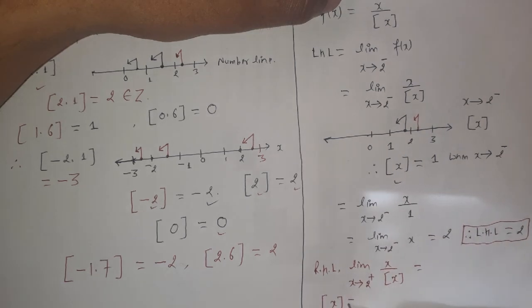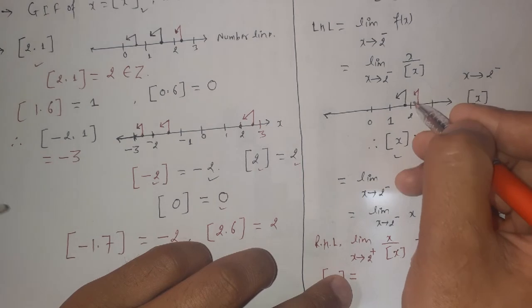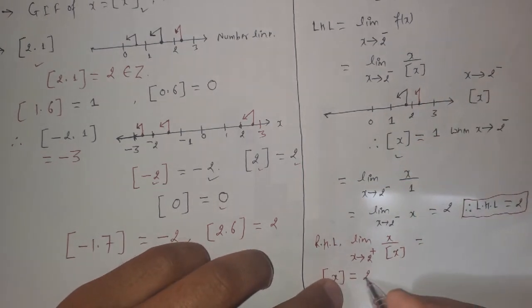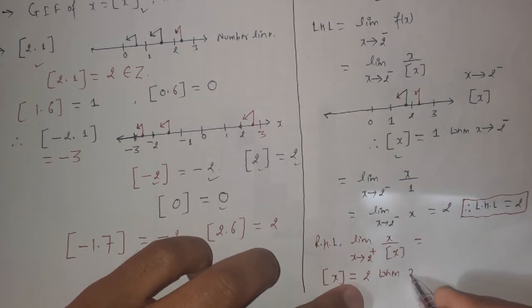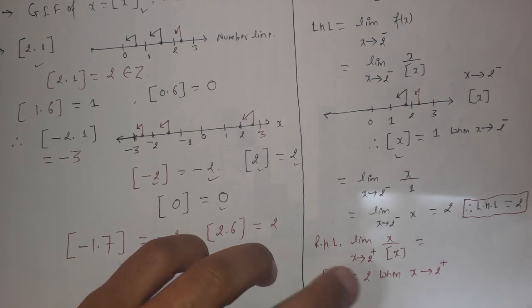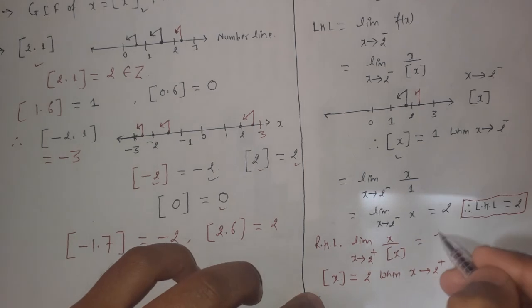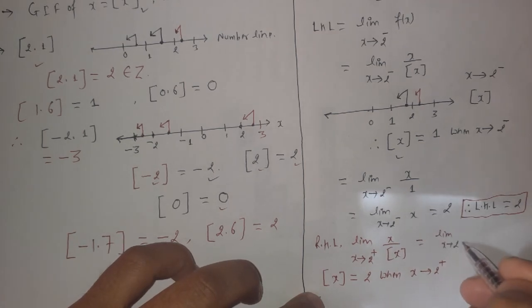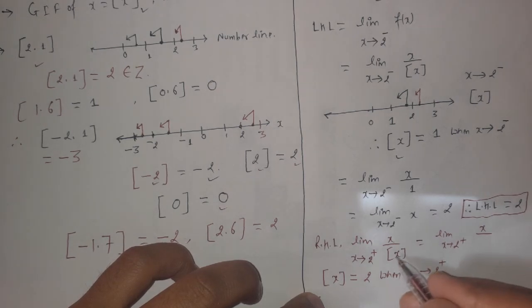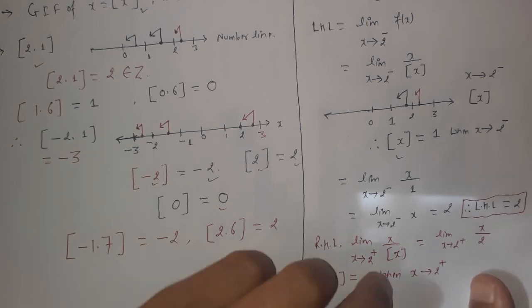So the greatest integer of x is 2, and the condition is that we approach 2 by taking values of x just greater than 2, from the right-hand side. Therefore, the limit as x approaches 2 plus of x over the greatest integer of x is calculated with the greatest integer as 2 when we approach from the right-hand side.